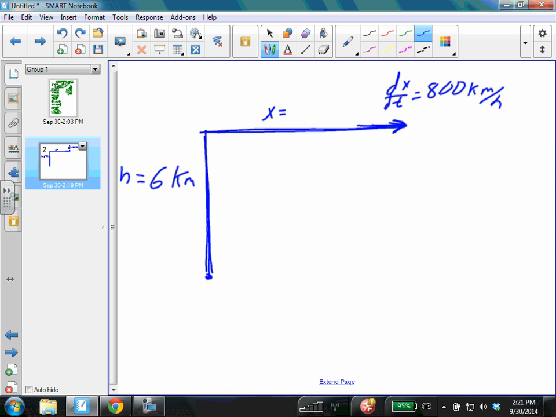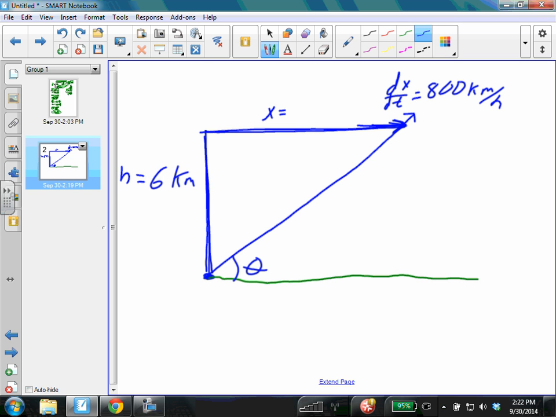And then if we go to number 20, it just gives us a little bit of new information. It says, let theta be the angle that the line through the radar station and the plane makes with the horizontal. So the line through the radar station and the airplane, the angle that it makes with the horizontal, in other words, with the ground, is theta.